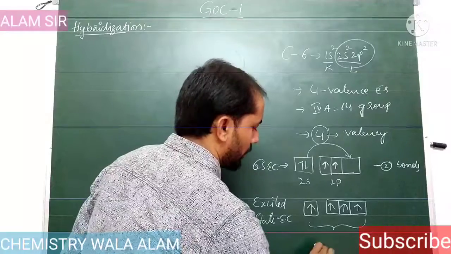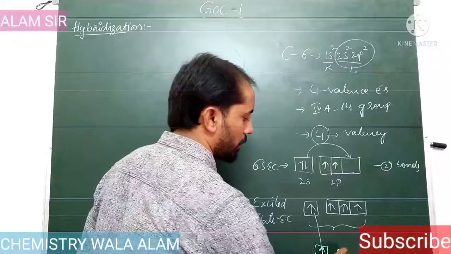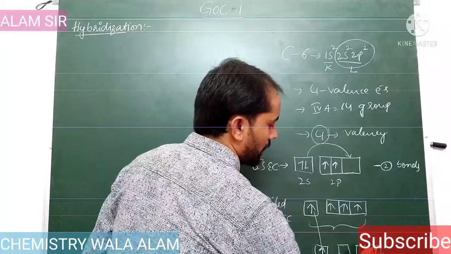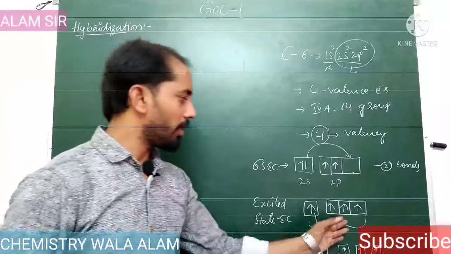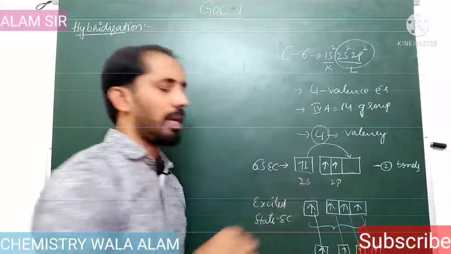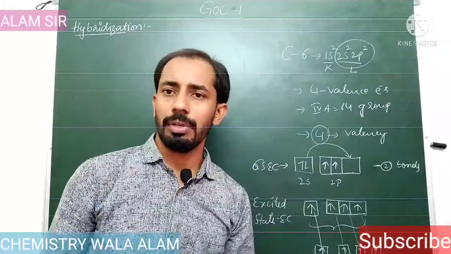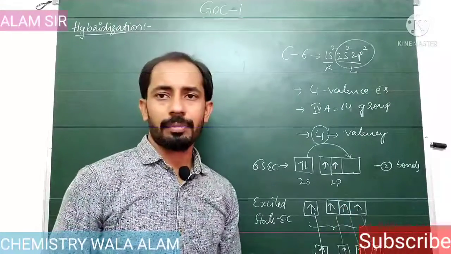That 1 electron can form a bond like this. Suppose here is one more hydrogen, and one more hydrogen. Hydrogen needs 1 electron, and carbon needs 4 electrons. So these 4 electrons can bond with 4 hydrogens or whatever elements are available, suppose oxygen, sulfur, or another carbon. So it can form 4 bonds.